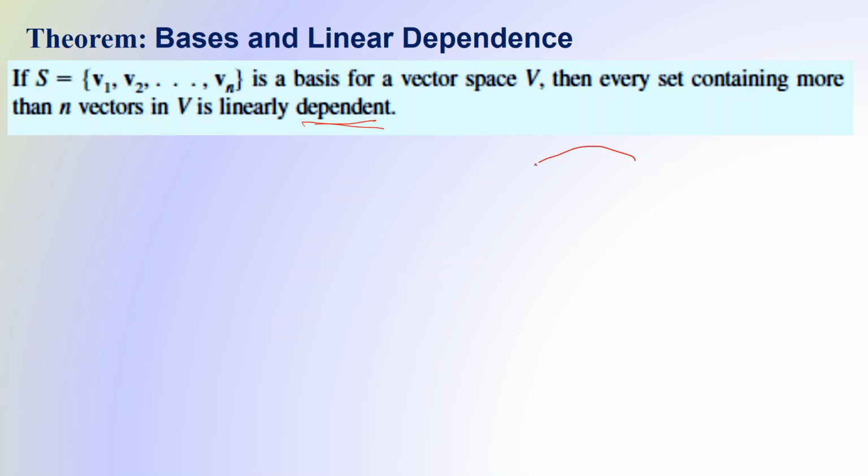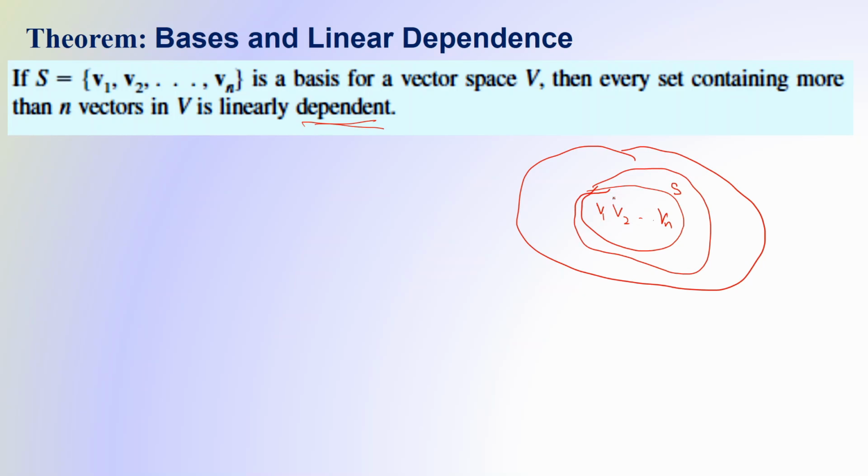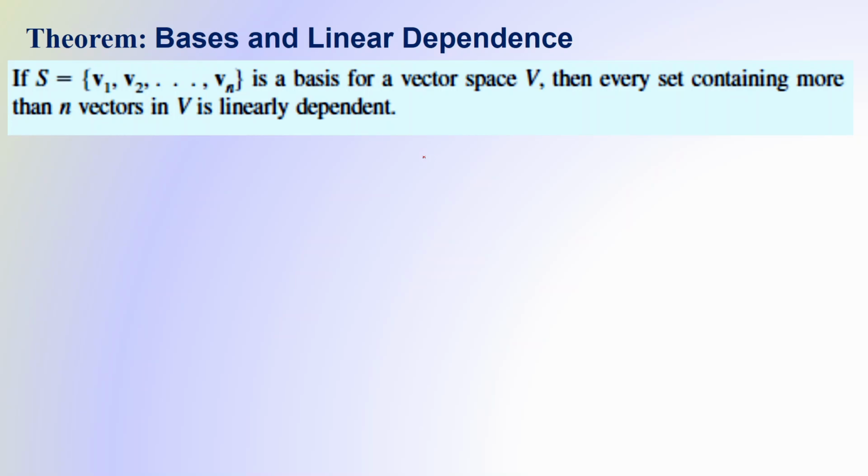If you have the basis v1, v2, ..., vn, and you consider any other set containing more than n vectors, it is not necessary for it to be a subset of S. If you have one more element, say V, then this set S1 is linearly dependent. So how to prove that?